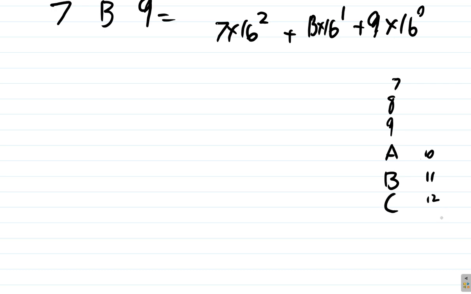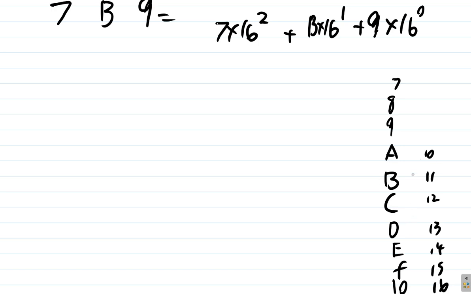12 is C. 13 would be D. 14 E. 15 F, right? And 16 would be what? We reach 16 in base 16, so we go back, recycle the old digits, and call this 1 0, looking like 10, right?